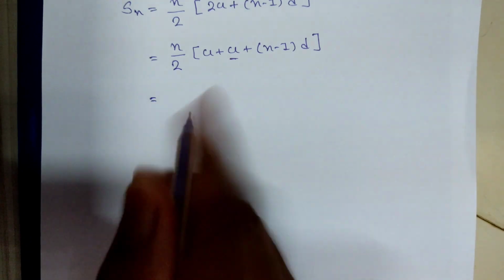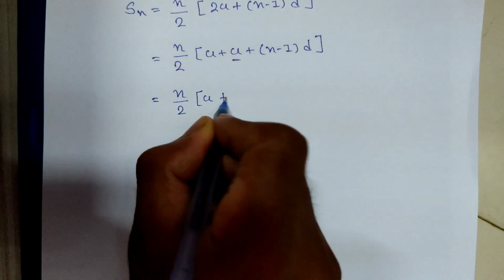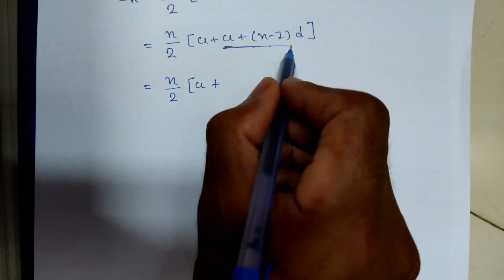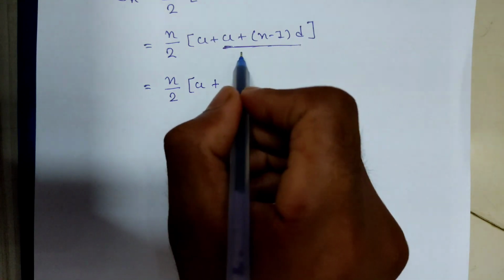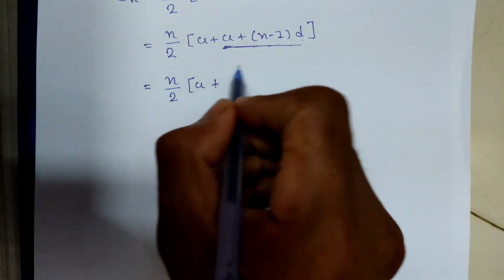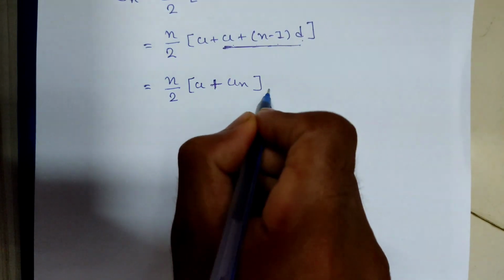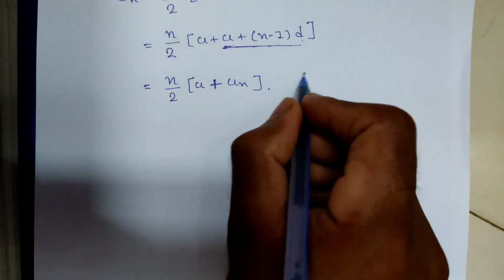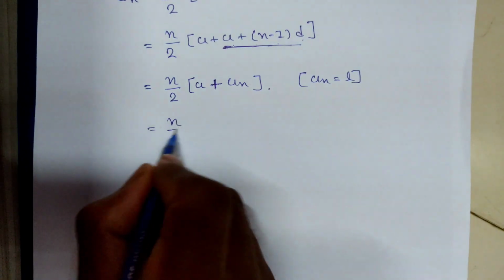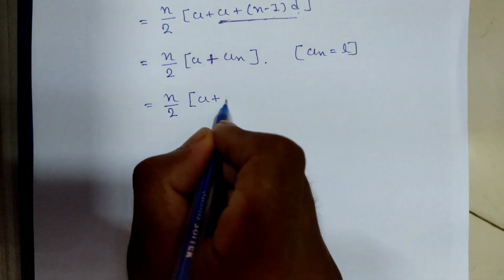The nth term of the arithmetic progression is given by a plus n minus 1 into d. So this will be the nth term, which is an, or we can say an equals l. So the formula is n by 2 into a plus l.